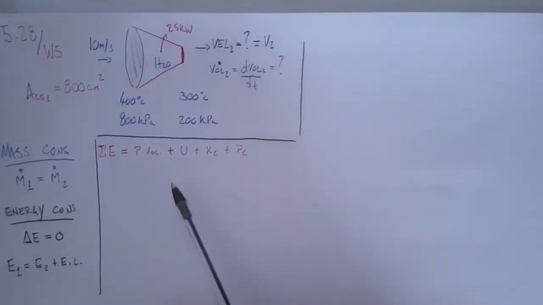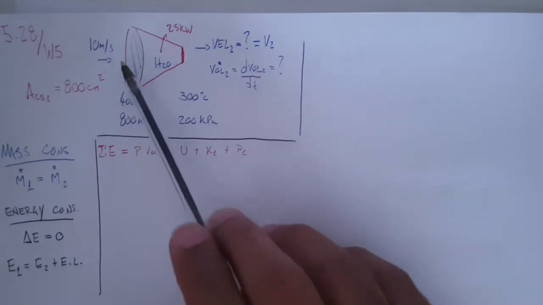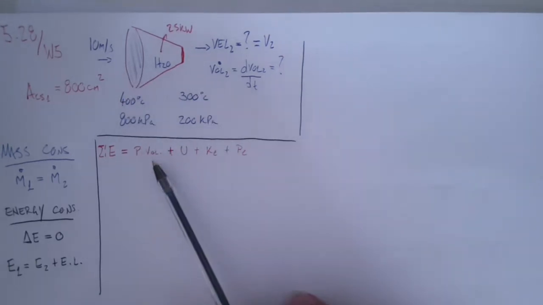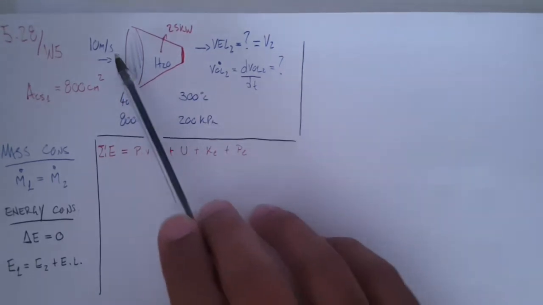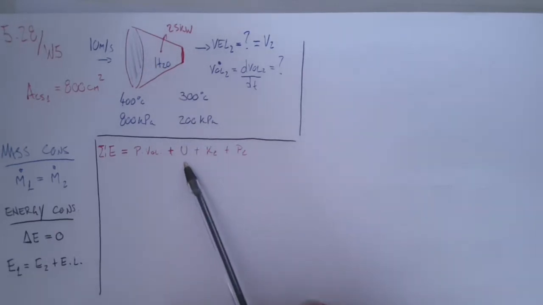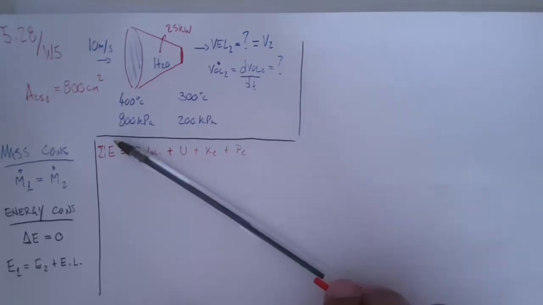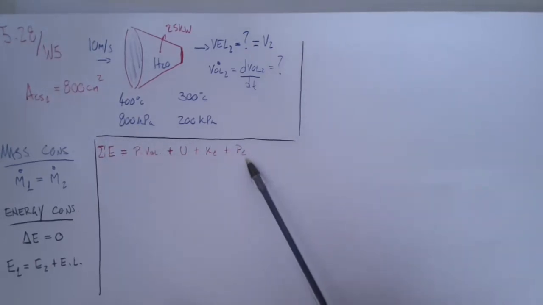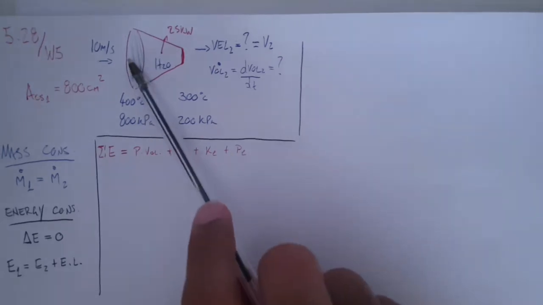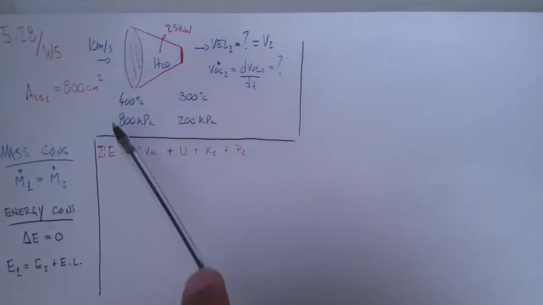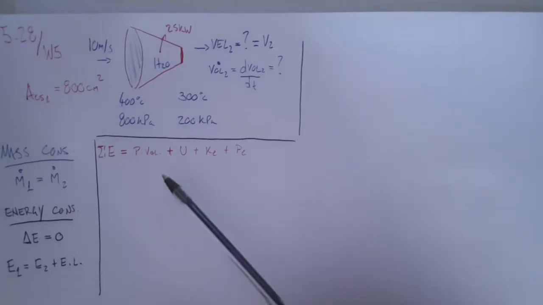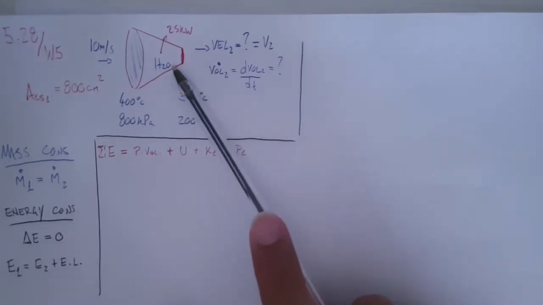Okay, so this is related to the pressure and the volume that any fluid occupies when it's moving, and the change is related to that movement. The internal energy is the energy of the molecules that are bouncing around. The kinetic energy is literally the energy of the molecules in terms of speed, velocity, and potential energy is the energy of these molecules from the ground, right? The energy they gain as they go away from the ground, from Z equals 0.